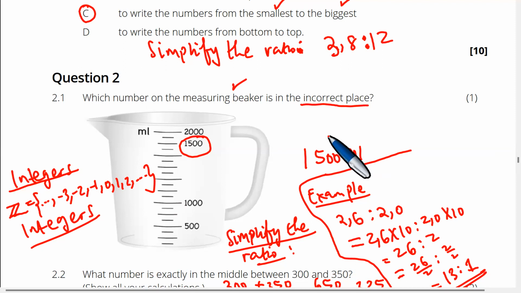What do you think the answer is to this?